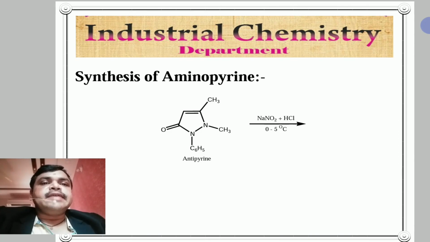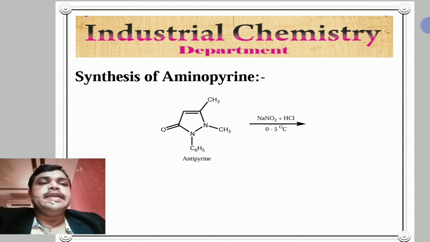Our second compound is aminopyrine. We synthesize aminopyrine from antipyrine. We synthesized antipyrine in the above synthesis, so this is the structure of antipyrine. Now, antipyrine is treated with NaNO2 plus HCl at 0 to 5 degrees Celsius.